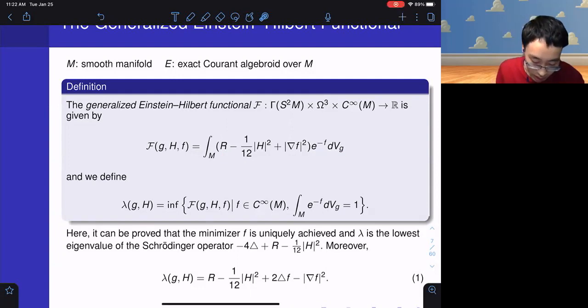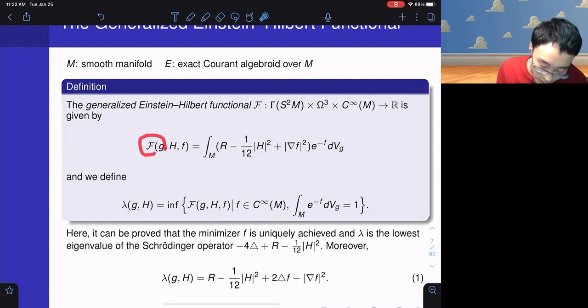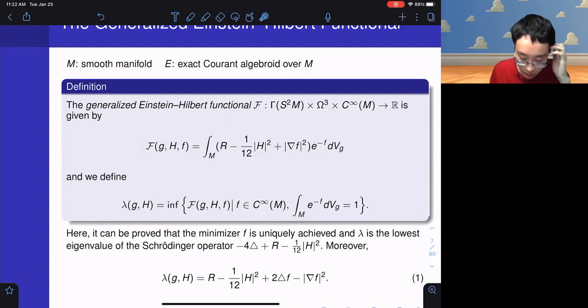Similarly, we define our entropy lambda to be the infimum of the functional F with the normalization that the f-volume is always 1.